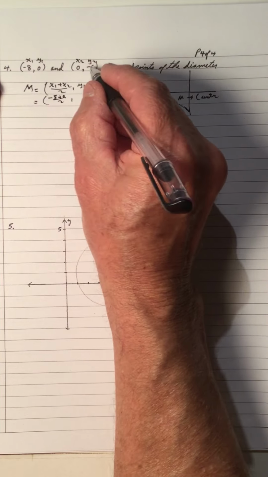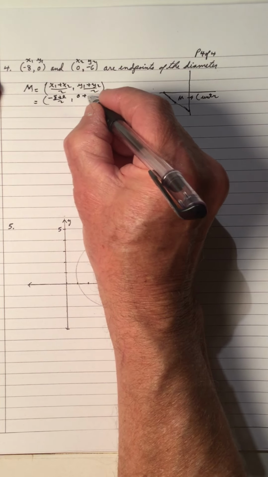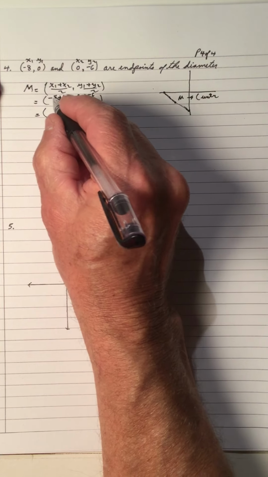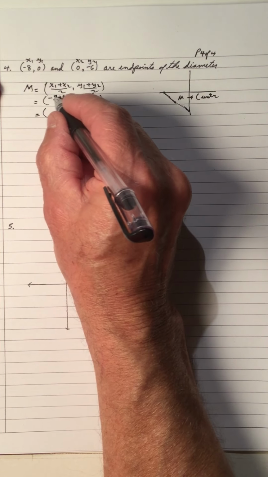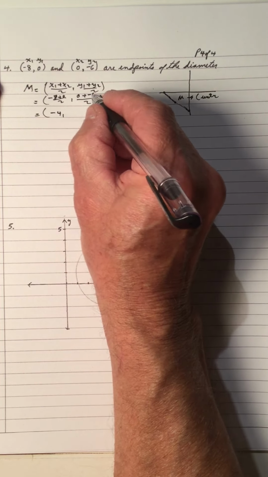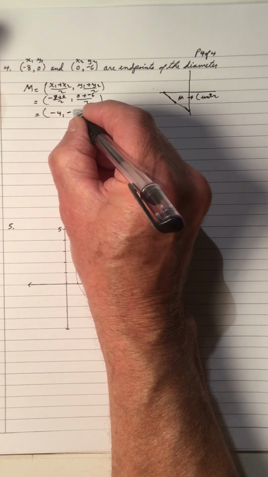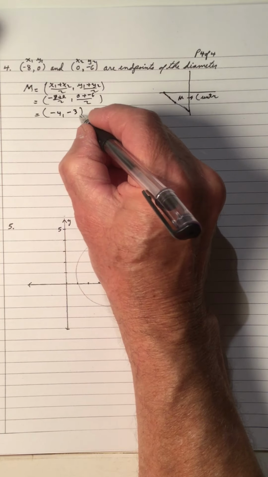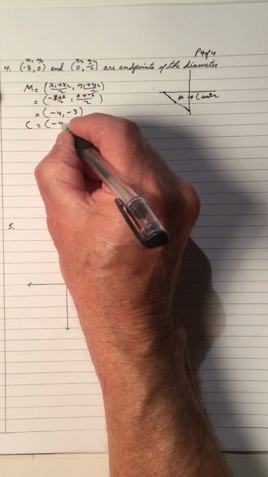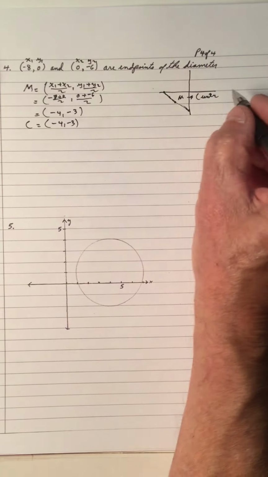And we get 0, add on negative 6, over 2. And that gives us negative 4. Negative 8 divided by 2 is negative 4. And negative 6 divided by 2 is negative 3. So the midpoint, so we have the center of the circle. C is for center. So there's the center.